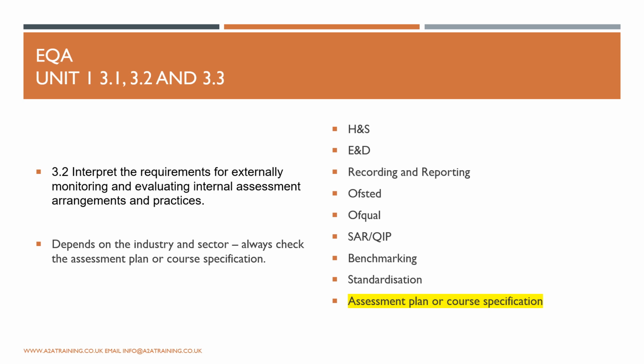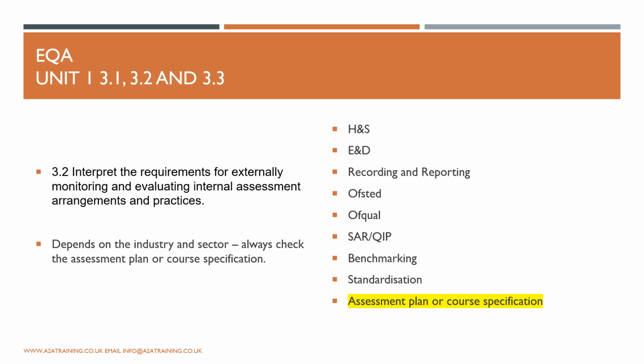3.2 asks you to interpret the requirements for externally monitoring and evaluating IQA arrangements and practices. So this very much depends on the industry or sector you work in. So most EQA processes will check basic areas such as health and safety, equality and diversity.